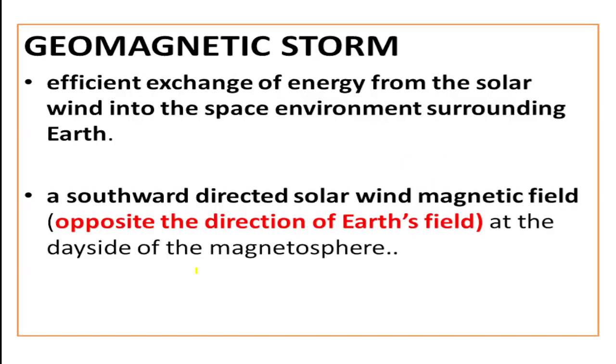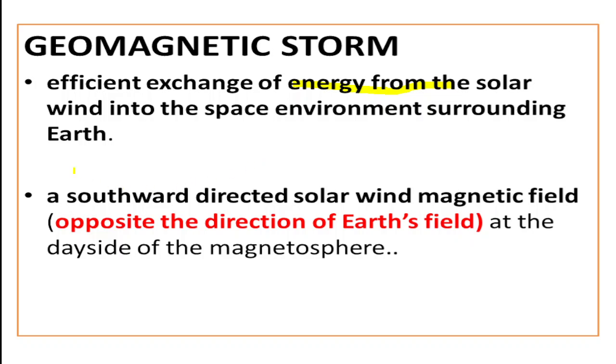Next, geomagnetic storm. It's an efficient exchange of energy from the solar wind into the space environment surrounding Earth, that too in the magnetosphere. Here, what is the condition?